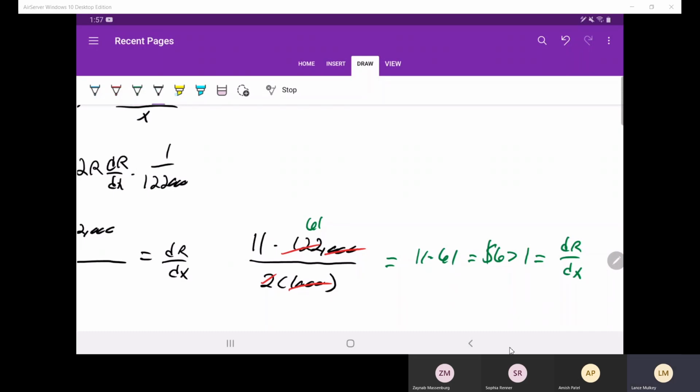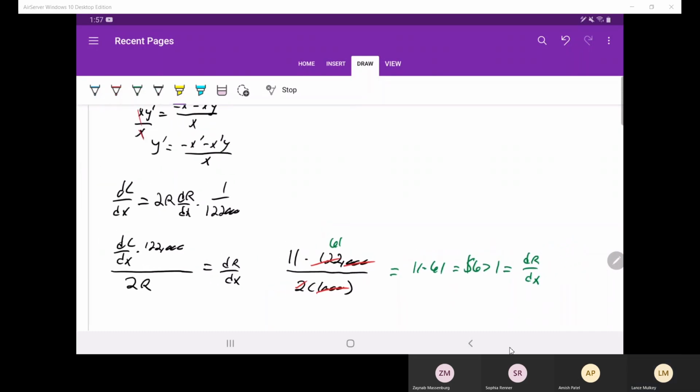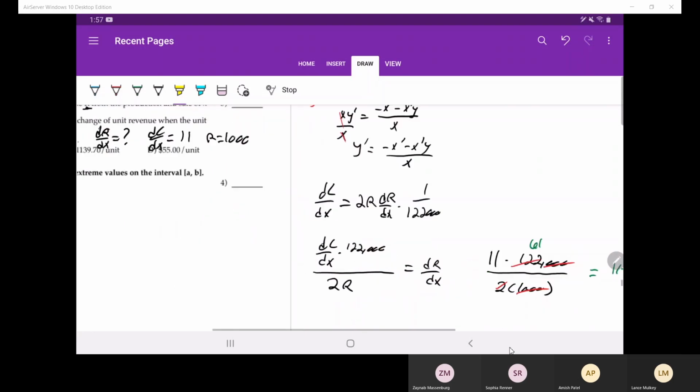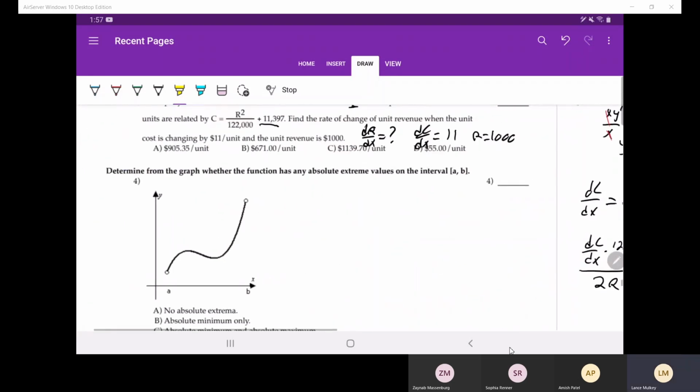Everybody follow along? And so you got $671 per unit is the unit revenue after cost and everything.